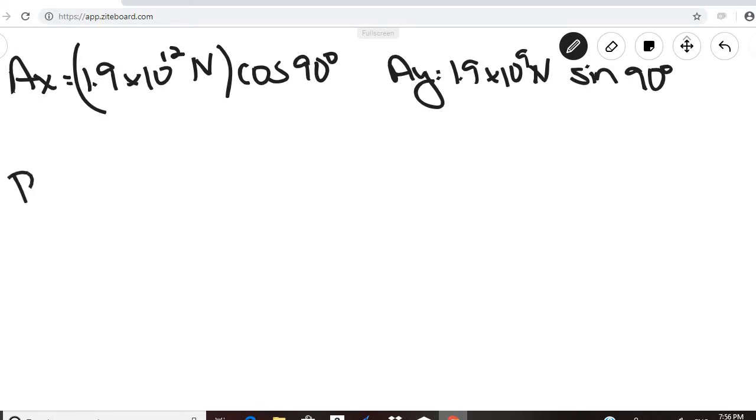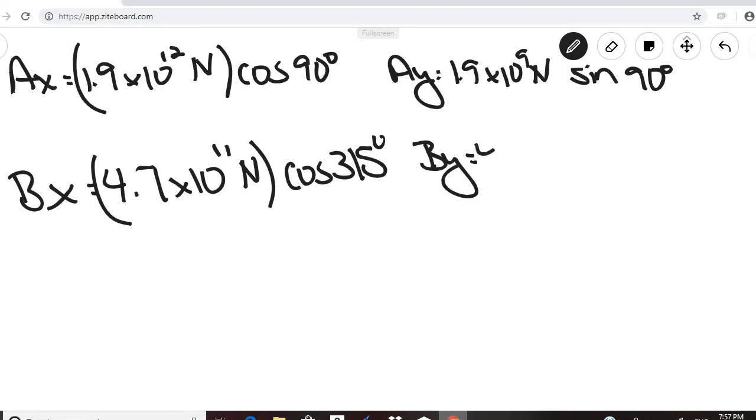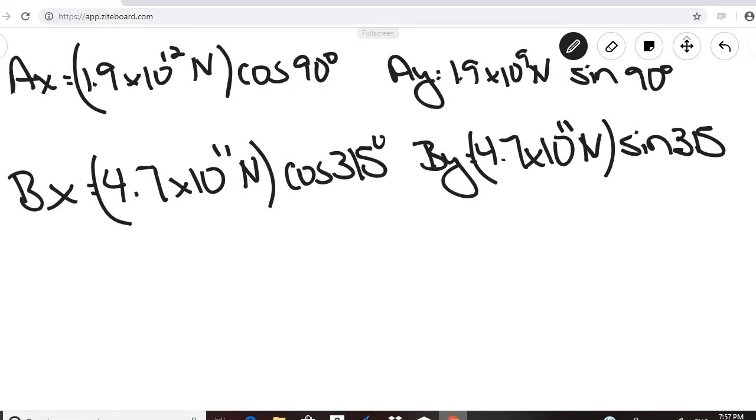And then we take our other one, B to the x. B we calculated to be 4.7 times 10 to the 11 newtons, and we'll multiply that times the cosine of 315 degrees, and B to the y is going to be equal to 4.7 times 10 to the 11 newtons times the sine of 315 degrees.